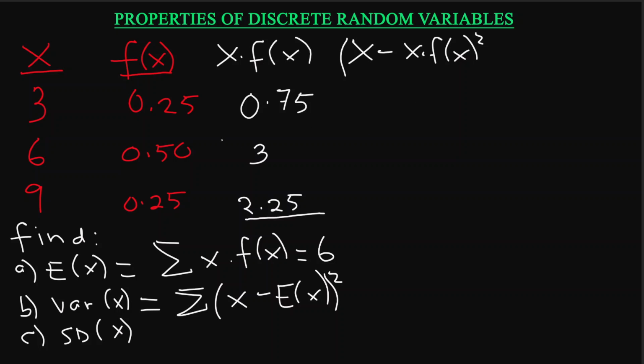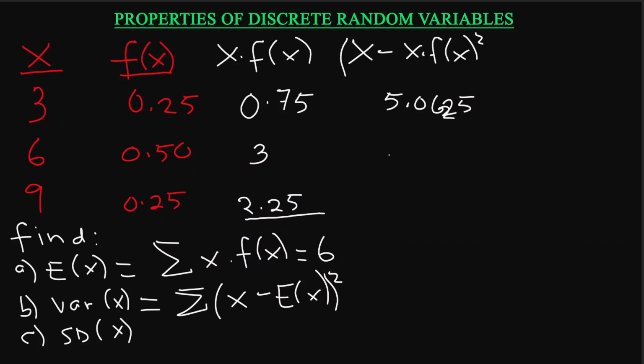So the first row, the x value takes on a value of 3. What is x times f of x? We've already calculated that here. So 3 minus 0.75, and we square the answer. That gives us 5.0625.